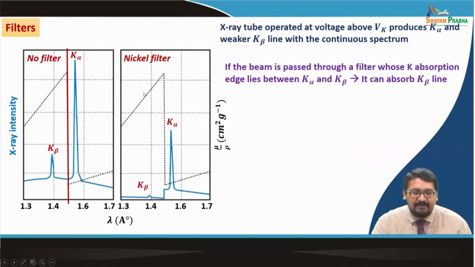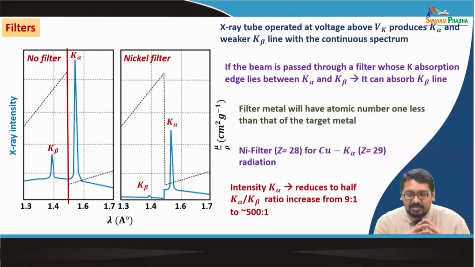Therefore, you see, if a copper X-ray tube is used to produce the K alpha of copper, then the nickel, which has an atomic number lower than copper, can be used to filter out the K beta, and this helps us to obtain characteristic K alpha radiation.